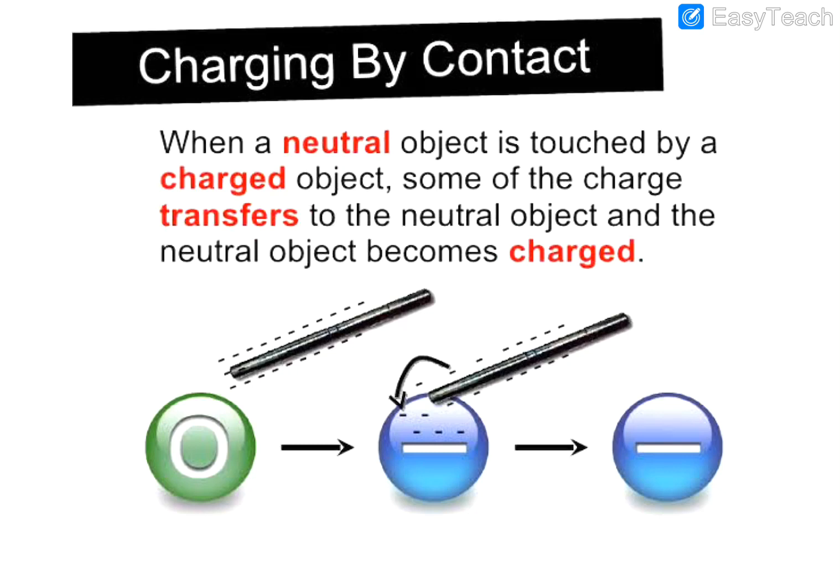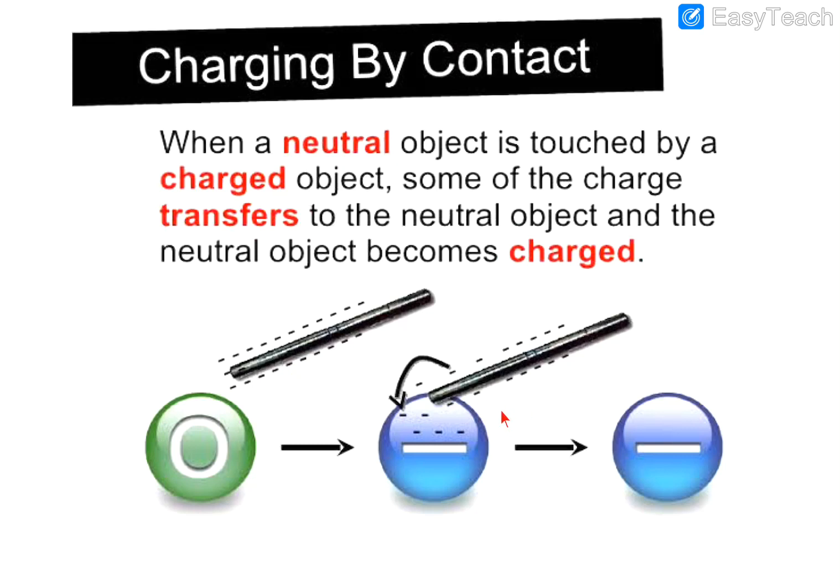This is different from the first method, charging by rubbing, because in charging by contact there is only contact between your neutral object and the object you are bringing, you are not rubbing. But in charging by rubbing you are rubbing both the objects and making them charged. That is the difference between charging by contact and charging by friction.